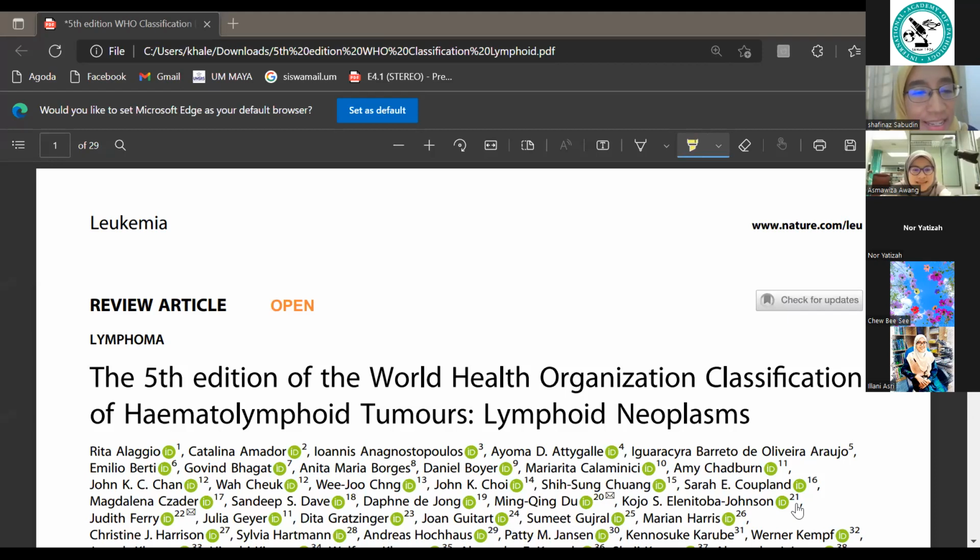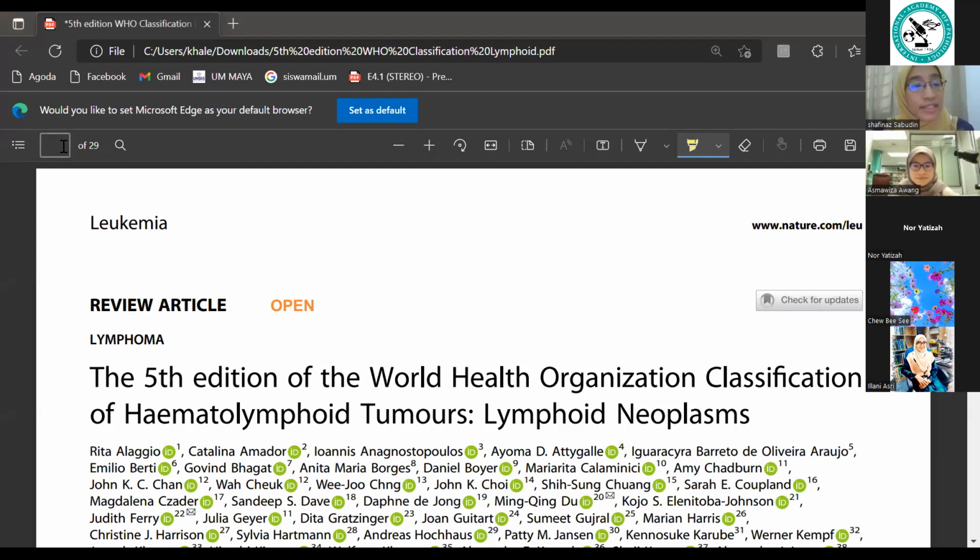This is the latest review article where they have updated the WHO classification of hematolymphoid tumors, the lymphoid neoplasm, the 5th edition. So in this latest edition, they have added the variant of nodular lymphocyte predominant Hodgkin lymphoma.